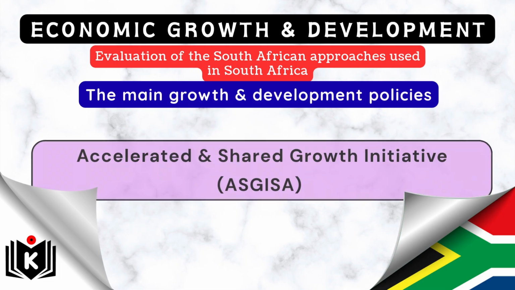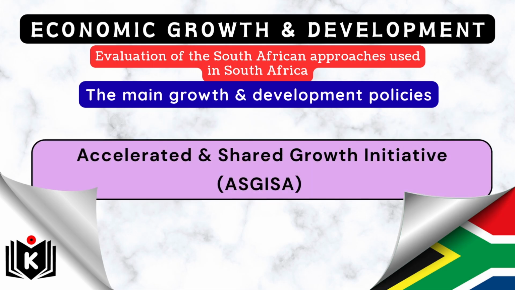There was also the Accelerated and Shared Growth Initiative, or ASGISA, which sought to halve unemployment and poverty by 2014, and raise growth to 6%. It invested in infrastructure and supported job creation through the Expanded Public Works Program, or EPWP. However, youth unemployment and productivity challenges still persist.